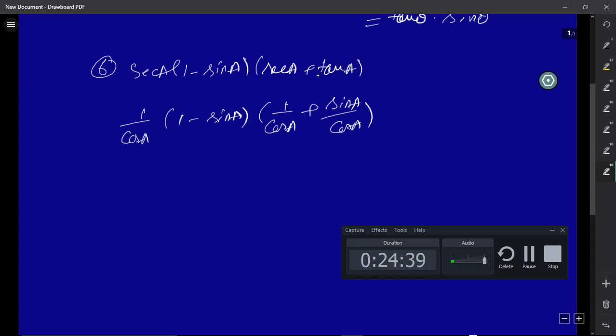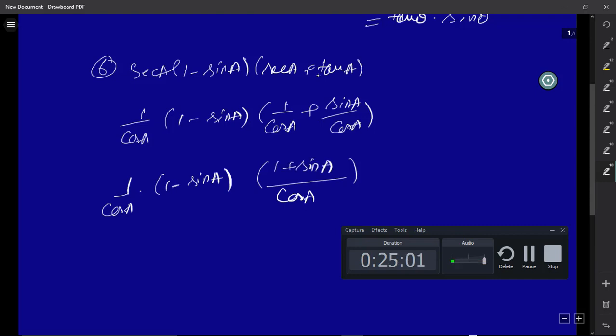So I'm writing all the trigonometric ratios in the form of sin and cos. Now in the second step, all the trigonometric ratios are in the form of either sin or cos. 1 by cos A into 1 minus sin A. Let me take the LCM. Cos A and cos A, LCM would be cos A only, right? And in the numerator I have 1 plus sine A. Now this becomes a formula, 1 minus sine A into 1 plus sine A. This is in the form of A plus B into A minus B, which is A square minus B square.